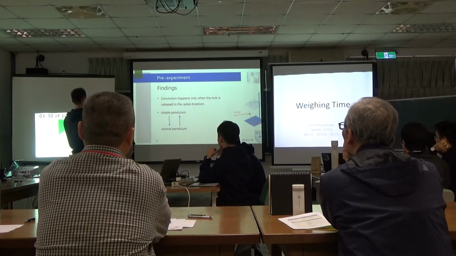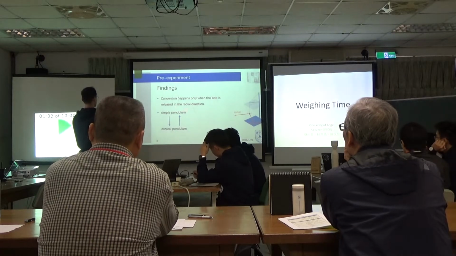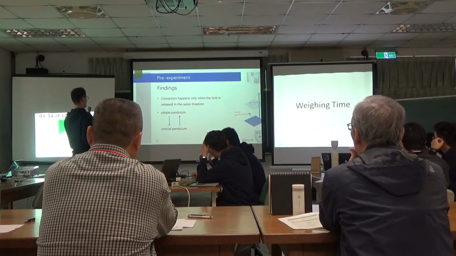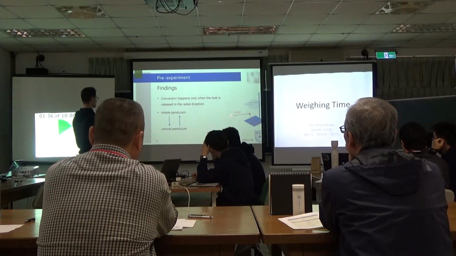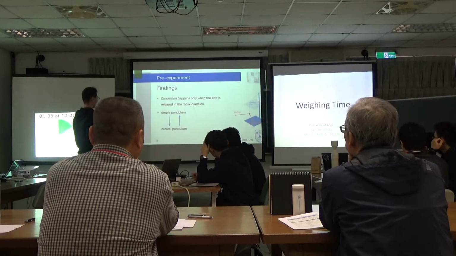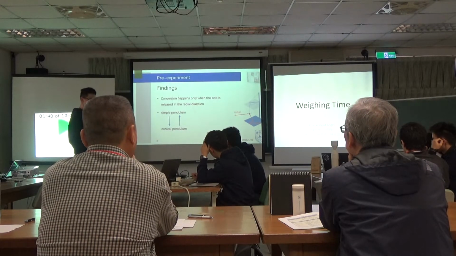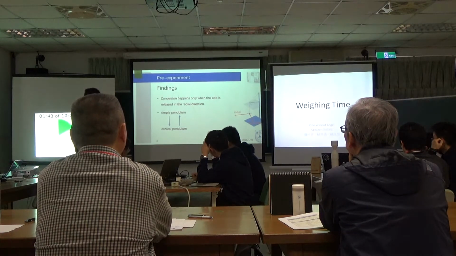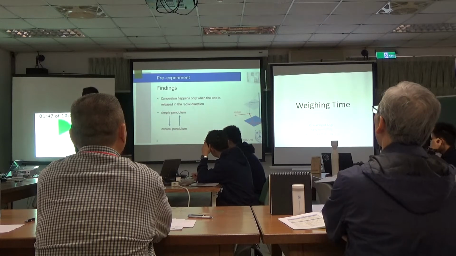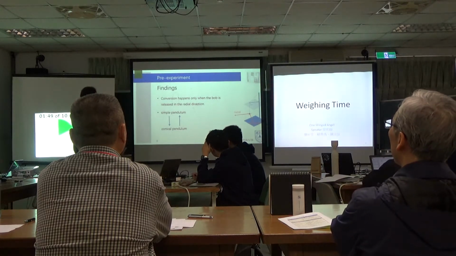And I have some other findings. First, the conversion happens only when the bulb is released in the radial direction. If we release the bulb in the azimuthal direction, the oscillation plane doesn't change at all.